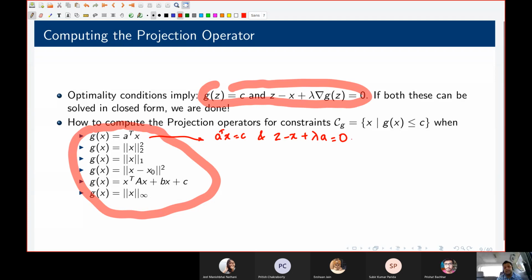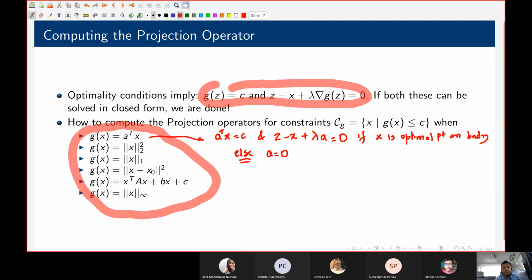Based on this, you could compute the relation between X and lambda in case the point is on the boundary, if X is the optimal point on the boundary. Otherwise, you'll have A equals 0, which is only possible if A itself is 0, right?